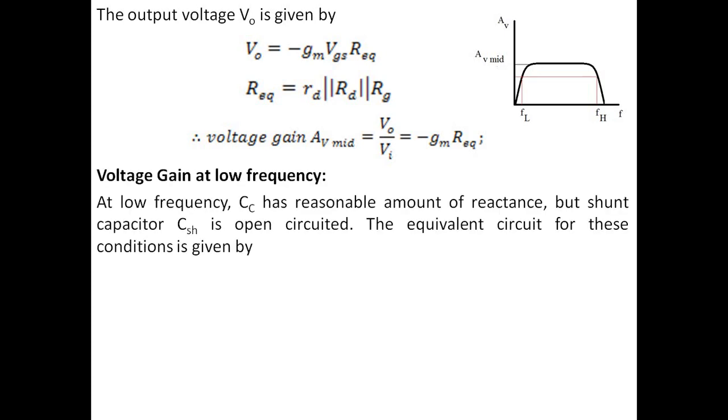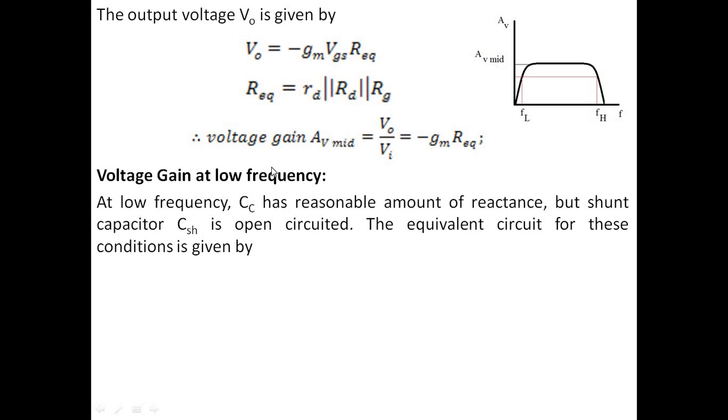Now calculate the voltage gain at low frequency. You are not going to neglect that CC. You are not making it completely open circuited, and it is not exactly equal to 0 at low frequencies. A very small amount of CC exists there, hence you are not ignoring it. So at low frequencies CC has a reasonable amount of reactance, whereas the shunt capacitance plays no role at low frequency.